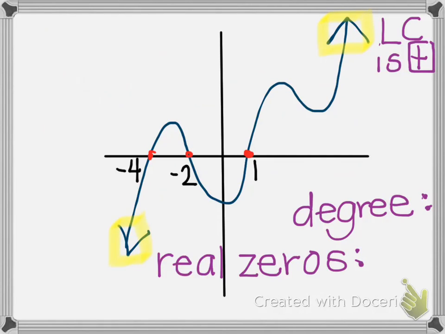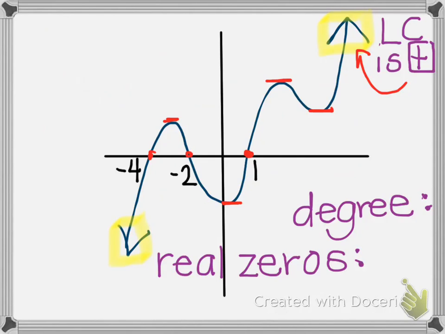So here I have this wiggly odd degree polynomial. It's odd because I have a down-up pattern. I know my leading coefficient is positive because it ends up. Let's look at how many turns. I have one turn here, a turn here, a turn here, and a turn here.